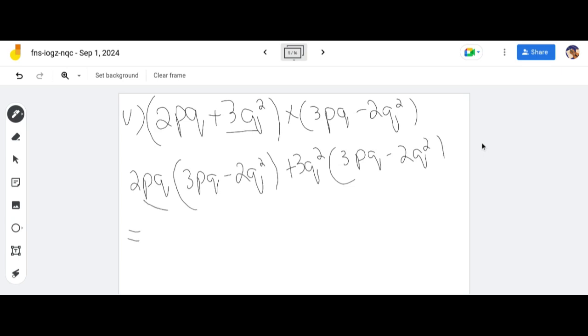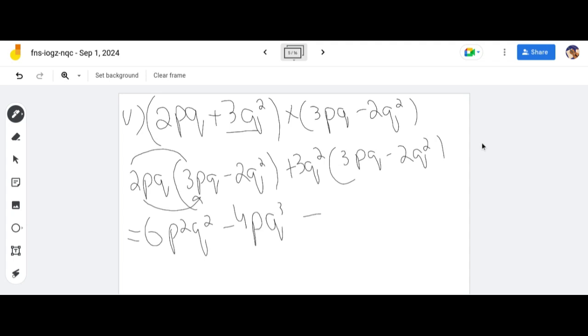Yes, ma'am. 2PQ times 3PQ minus 2Q square. Now help me to solve this first term. 2PQ and 2 threes are 6P square Q square. Very good. Next term is minus 4P Q cube. Very good.